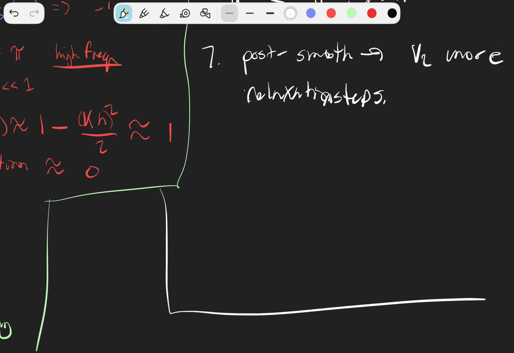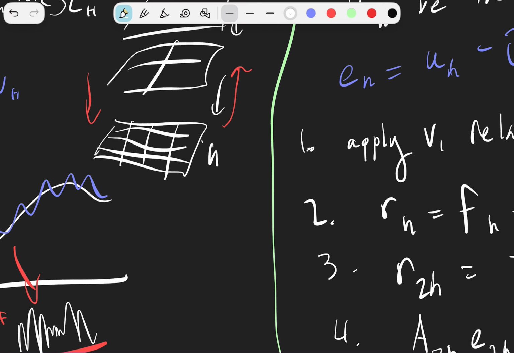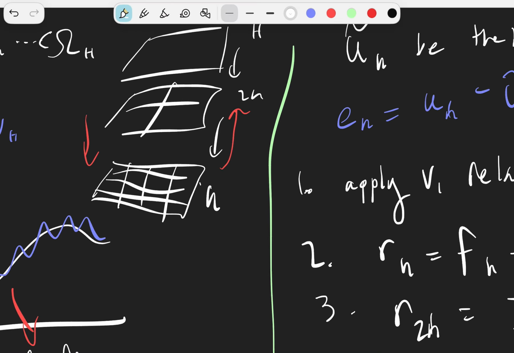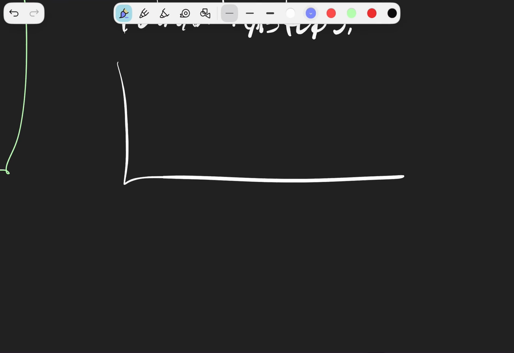So, let's define that this is H here, and let's say this is 2H. You can think about it by looking at the graph here. The graph of E sub H is simply going to be a smoother error on a fine grid.